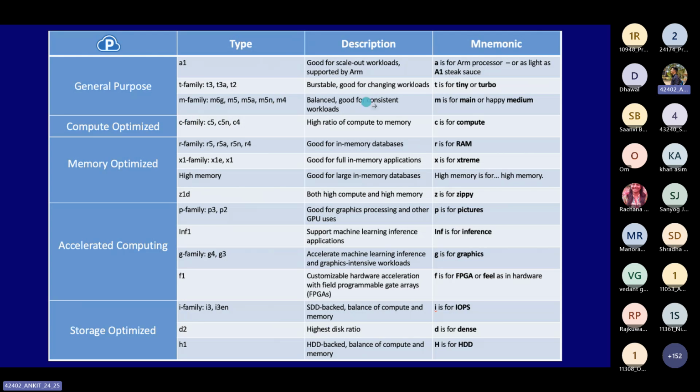This is always available in the AWS documentation in more detail. This is just one single table. AWS has provided multiple tables for comparisons for each family and each item in the family. And I think that's pretty much about this EC2 instance categorization.